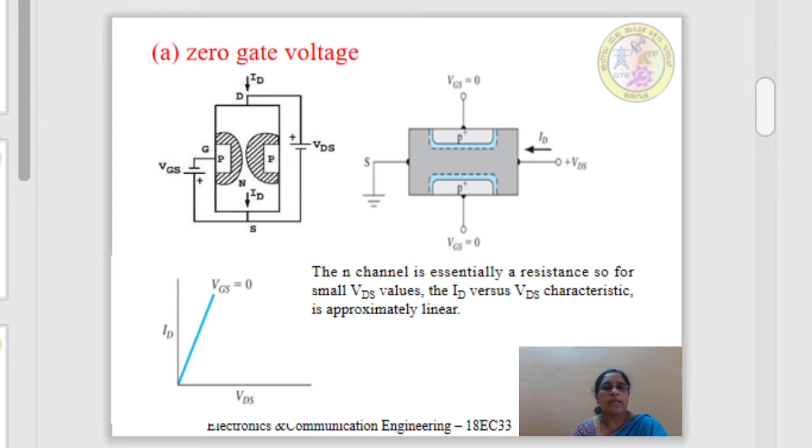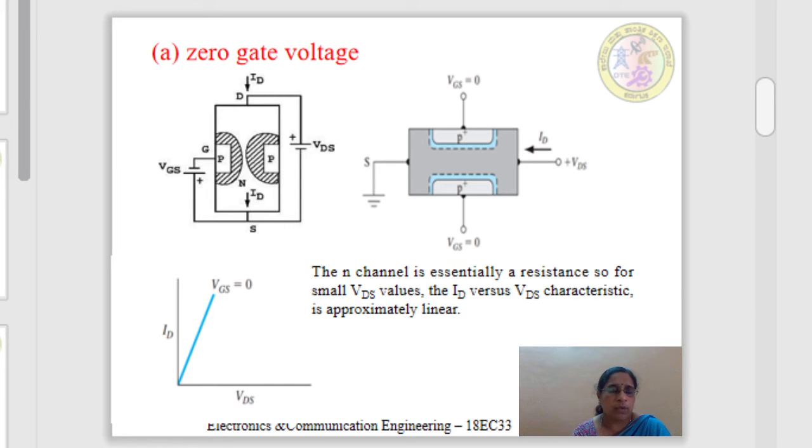So as soon as you apply a small drain biasing voltage, a small amount of drain current will start flowing. And the nature of this drain current is almost linear, as shown in the ID and VDS graph or curve. Therefore, when VGS is equal to 0, even though the depletion regions are there around the P plus regions, the width of the depletion regions is very thin.